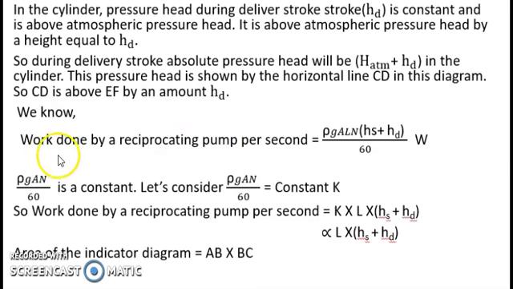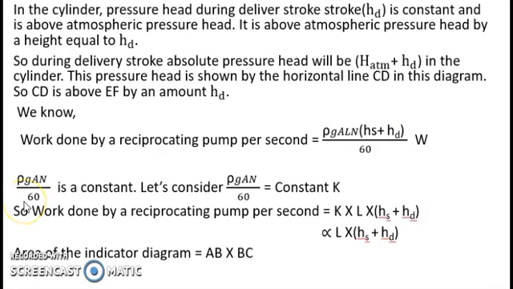We know that the work done by a reciprocating pump per second is equal to rho g A L N into (HS plus HD) by 60, where rho is the density of the liquid, g is the acceleration due to gravity, A is the area of the cylinder, L is the stroke length, N is the RPM of the crank, HS is the suction head and HD is the delivery head.